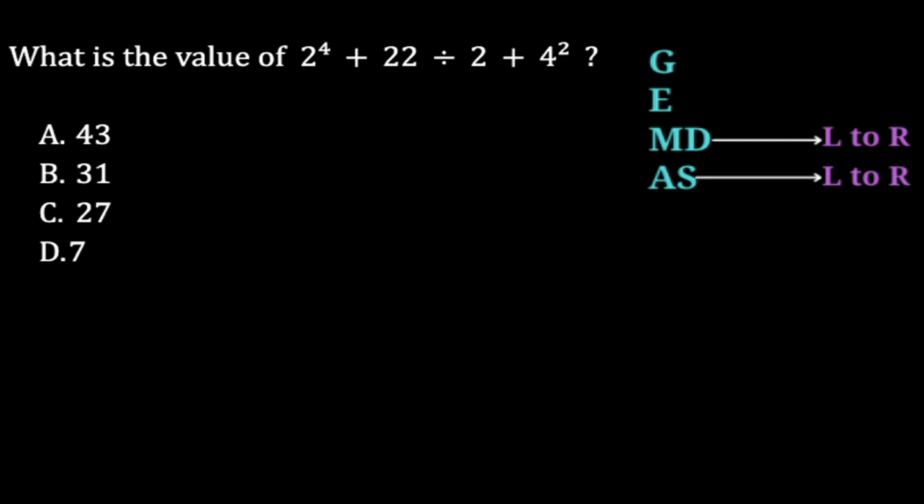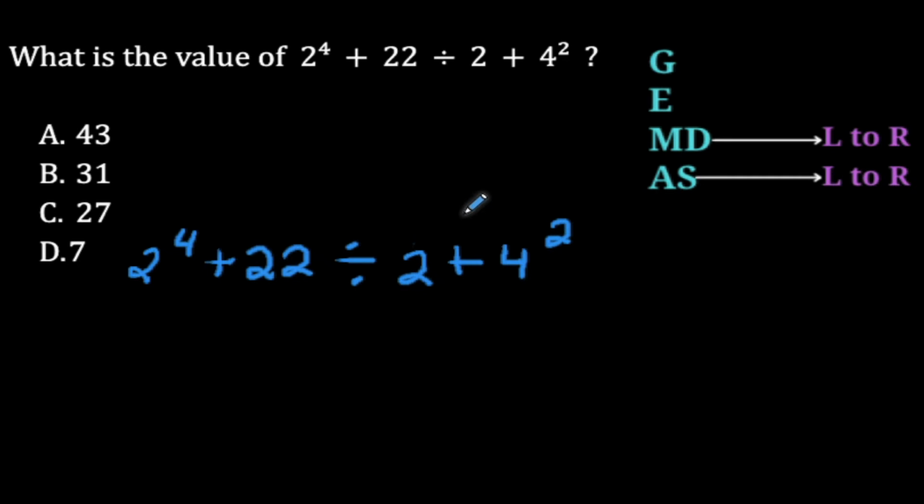So we have 2 raised to the 4th power plus 22 divided by 2 plus 4 squared. Oops, I meant to put a 2 there, not a 1. So that's divided by 2 plus 4 squared here.